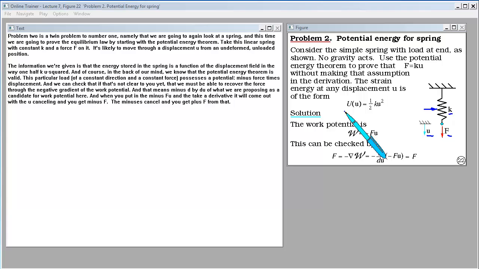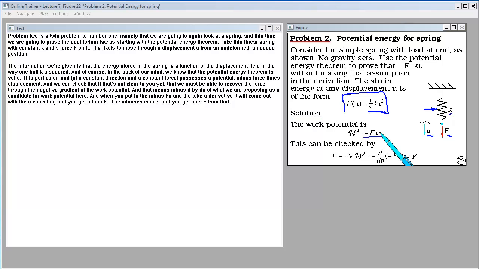The information we're given is that the energy stored in the spring is a function of the displacement field in the way 1/2 kU squared. And of course, in the back of our mind, we know that the potential energy theorem is valid. This particular load of a constant direction and constant force possesses a potential minus force times displacement.